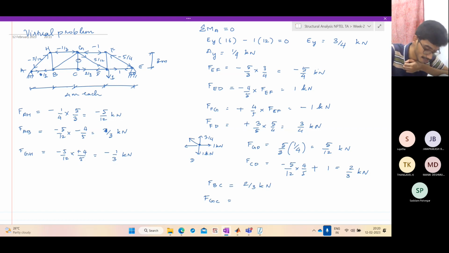GC has to be 0 because it is not loaded. GC is a 0 force member.